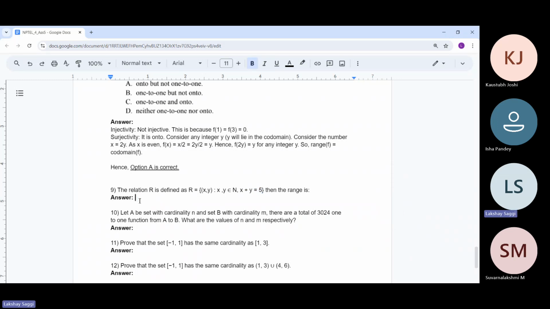So we need to note that this is actually a relation, but a range is defined for a function. So first we'll sort of need to show that this relation is also a function, which is not too hard to see actually because for any x, we have that x plus y equal to 5, right?